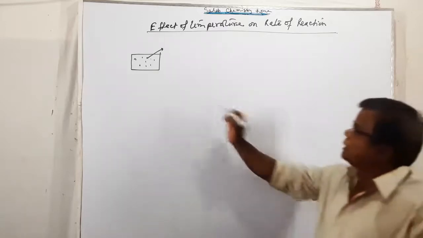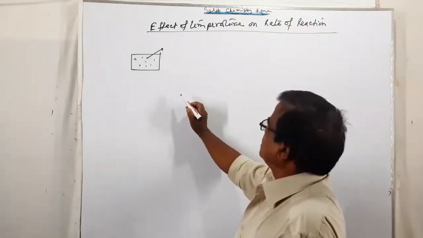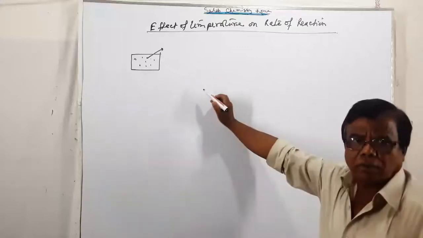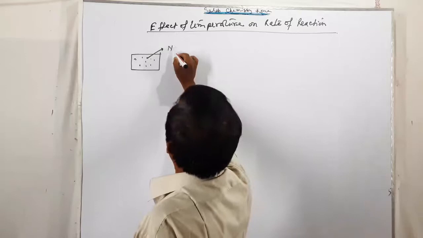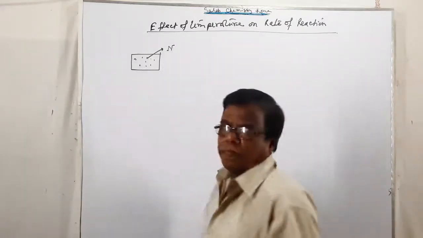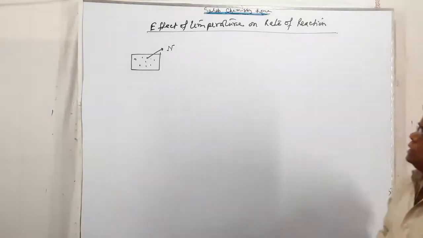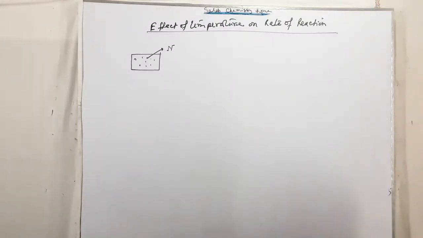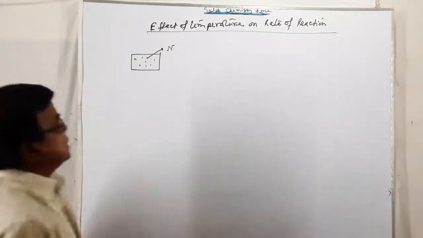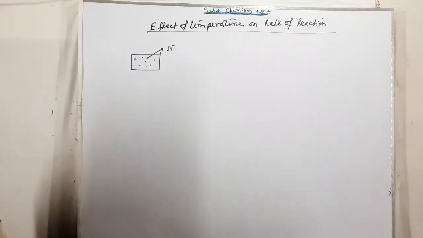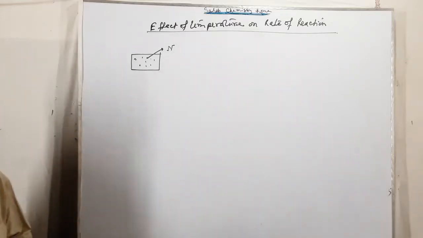That is, the number of particles for collision increases. Let us consider this number of colliding particles n. Due to this, with the increase of temperature, the rate of the reaction increases, and this effect is significant for the reversible reaction.